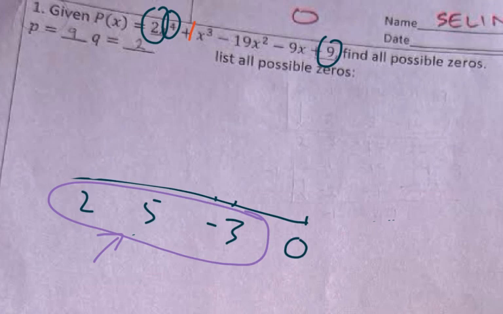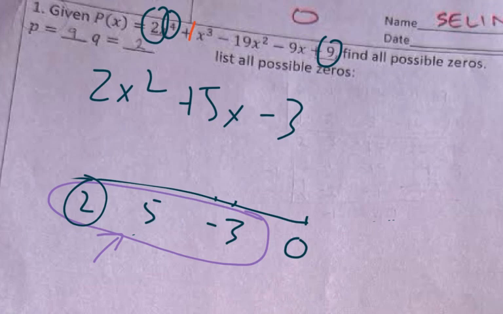So this, in other words, is 2x squared. How do I know it? Because I know I'm down to 2 roots. Plus 5x minus 3. Okay, so now, hopefully my writing is neat.